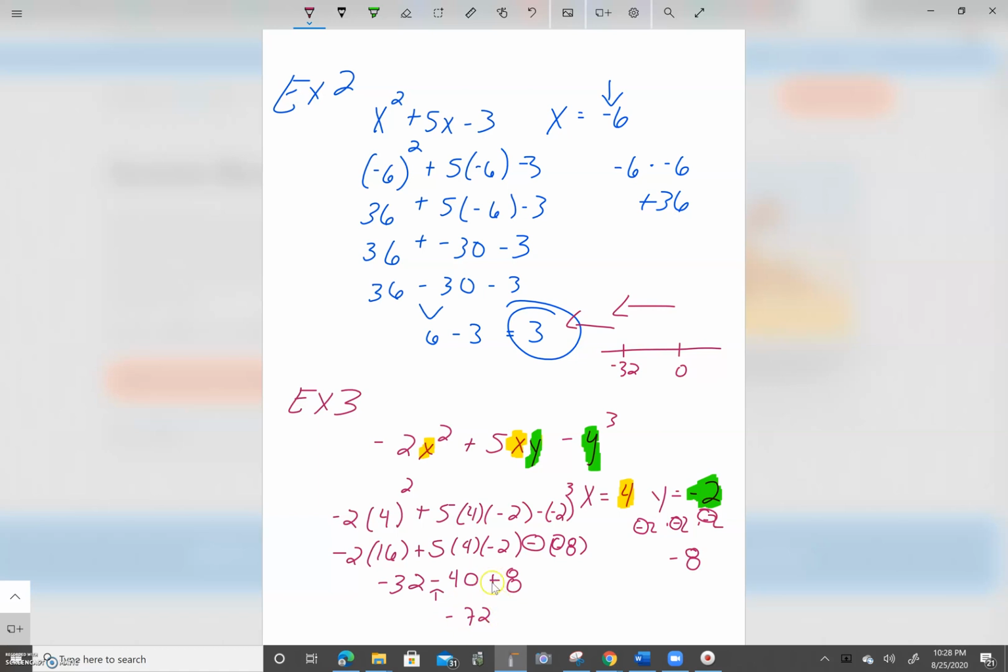But then we're changing direction again. This +8 means now we go back to the right 8. So if I'm at -72 and I want to go back on the number line this way, we are going to be at -64. Somebody check my math on that. But I think that that is correct.